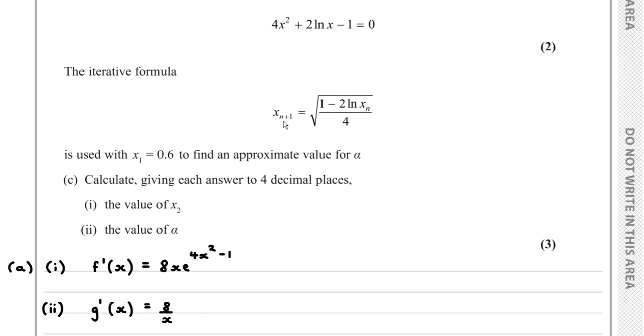The iterative formula x n plus 1 equals the square root of 1 subtract 2 times the natural log of x n over 4 is used with x1 equaling 0.6 to find an approximate value for alpha. Part C, calculate, giving each answer to 4 decimal places, for the first part of Part C, the value of x2, and for the second part of Part C, the value of alpha.